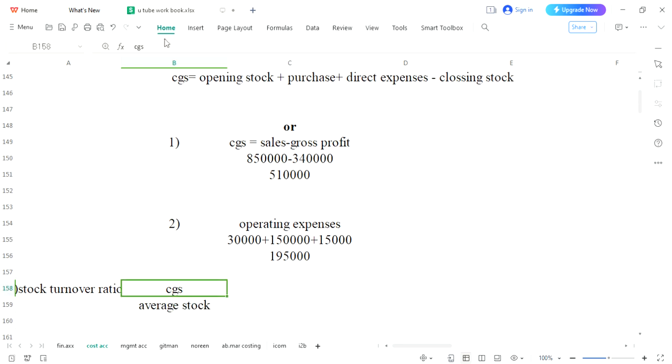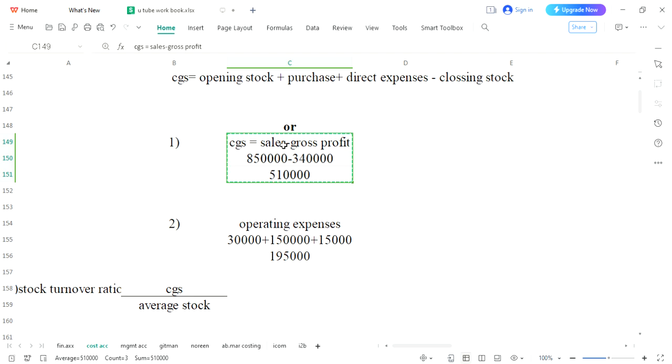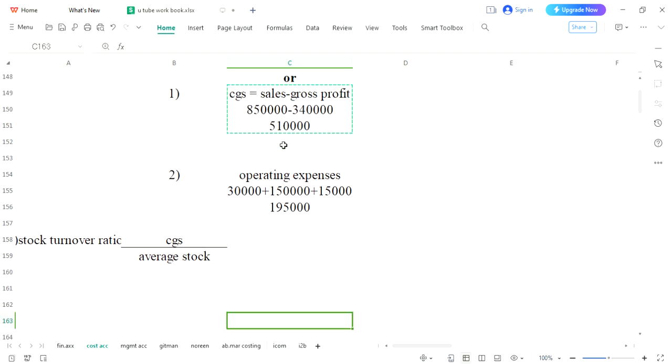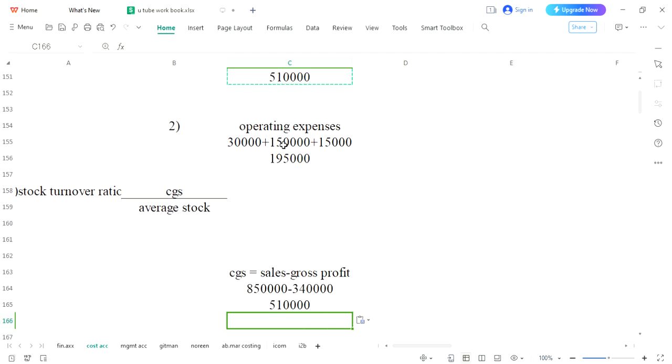Cost of goods sold divided by average stock. Luckily, cost of goods sold has already been calculated. We are taking this value over here. So cost of goods sold 5,10,000 already calculated.